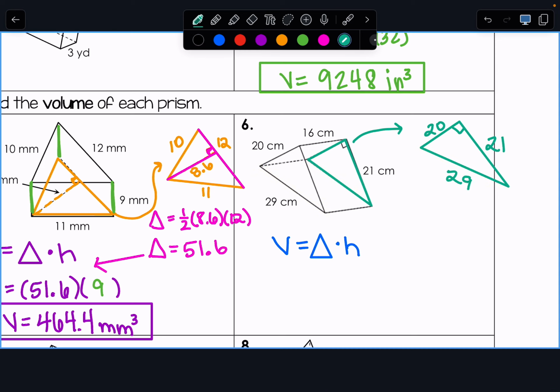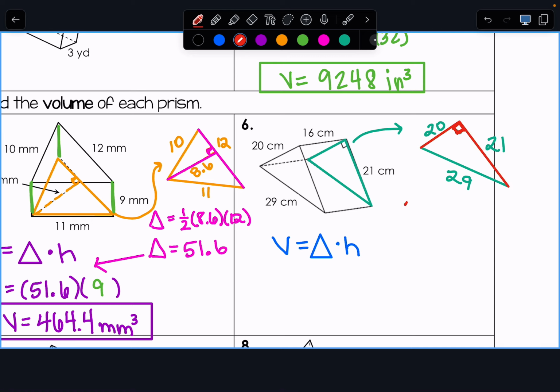Okay. Now, if I look at my triangle that we drew with the 3 numbers, only 2 of them are our base and height. Which 2 numbers are connected with the box? Here's the box. What'd you say? 29. Which 2 sides is this box touching? 20 and 21. Those are the numbers we need then.